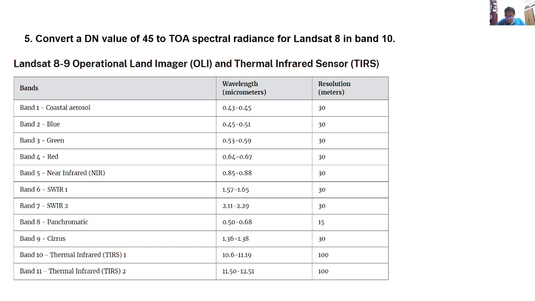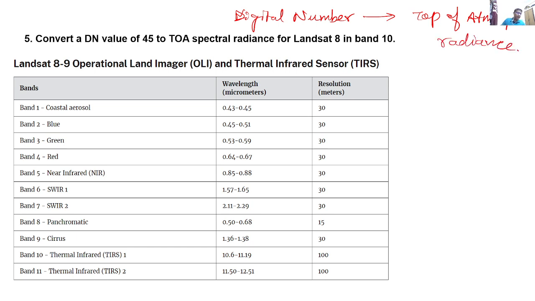Anyways, the question is about conversion of a DN value, digital number value, to the top of the atmosphere spectral radiance. So we are trying to convert digital numbers to top of atmosphere radiance, not reflectance, radiance. The data given by Landsat sensors, a level 1 product, is actually the digital number itself.